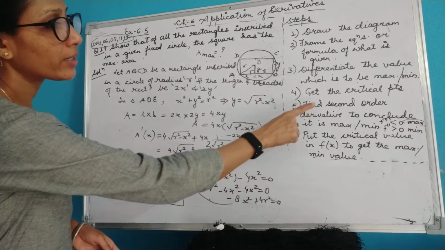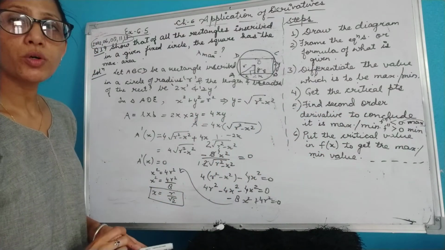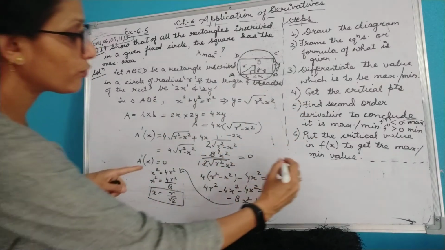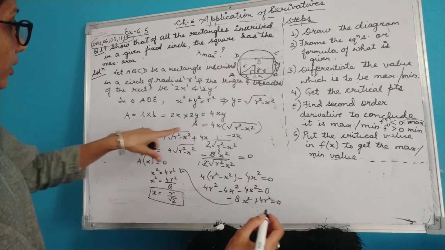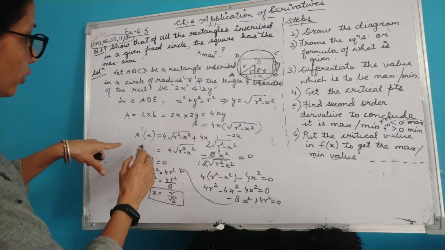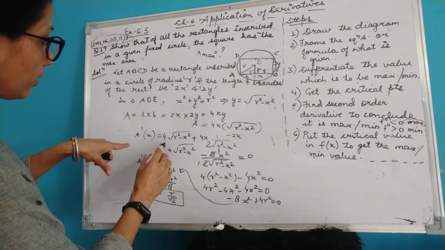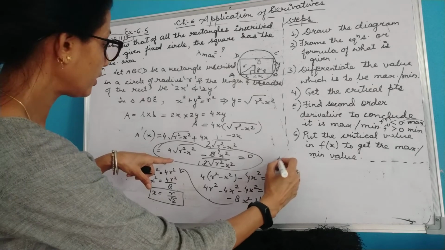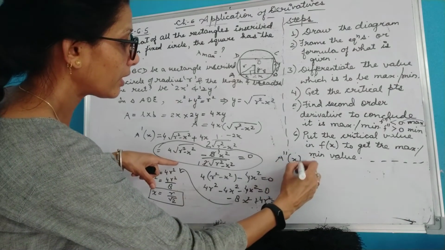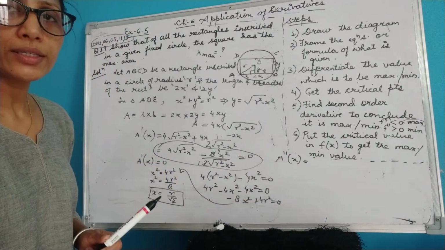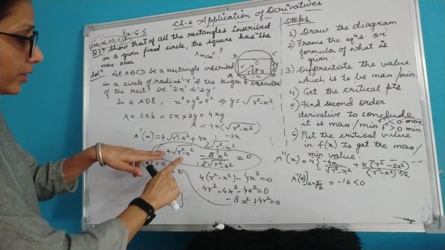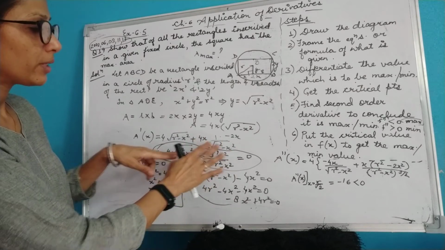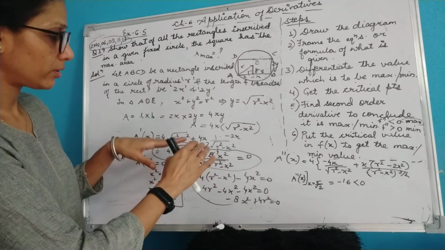Now we need to check whether it gives me a maximum or a minimum value. For that I need to find my second order derivative. So for the second order derivative, you need to differentiate this further. Children, here you calculate it in u by v form, simplify it in u by v form and apply the quotient rule over here.